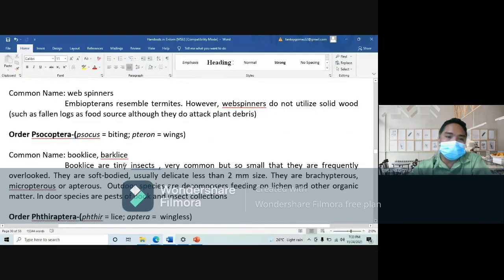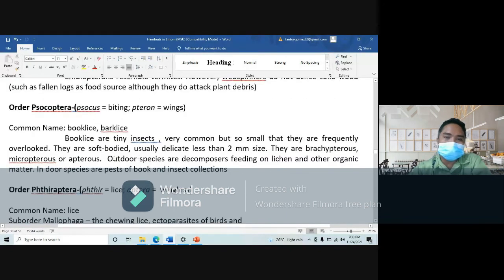The other order also is the Psocoptera. Silent P, Psocoptera. The Psocos means biting and the Pteron means wings. So one example of these is the book lice or the bark lice. The book lice are tiny insects, very common but so small that they are frequently overlooked.